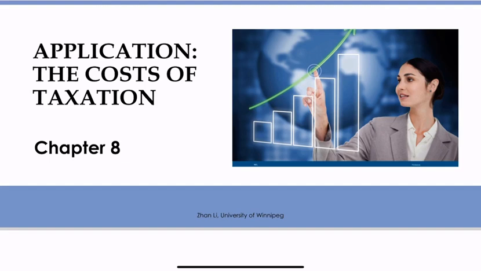And more importantly, the market equilibrium quantity will be smaller, right? So in this class, we want to examine taxation from the perspective of market efficiency, because we just learned about how to define and how to measure market efficiency, right? So this is a good chance to put what we have learned into this application.